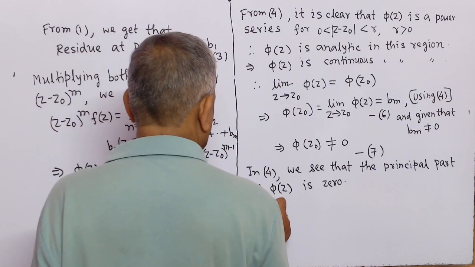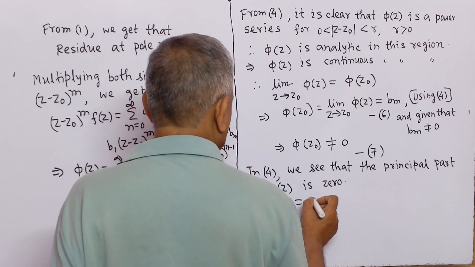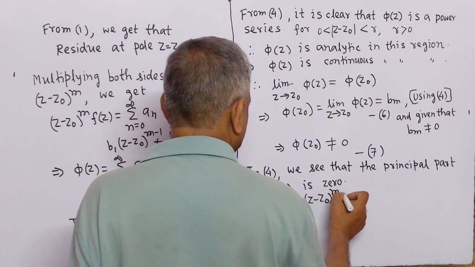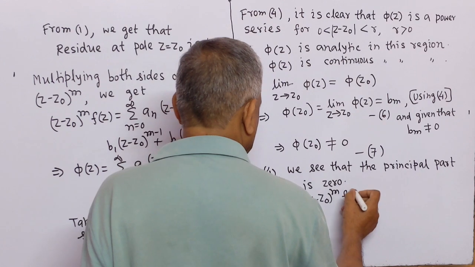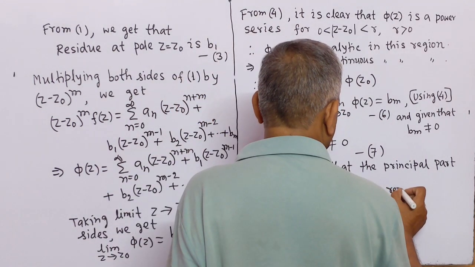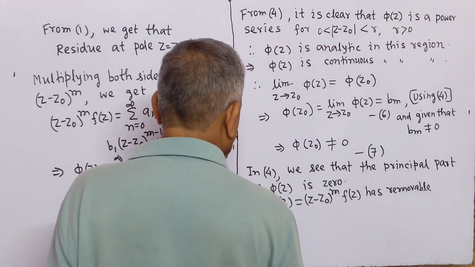Therefore, phi(z) equal to (z minus z naught) to the power m times f(z) has a removable singularity.